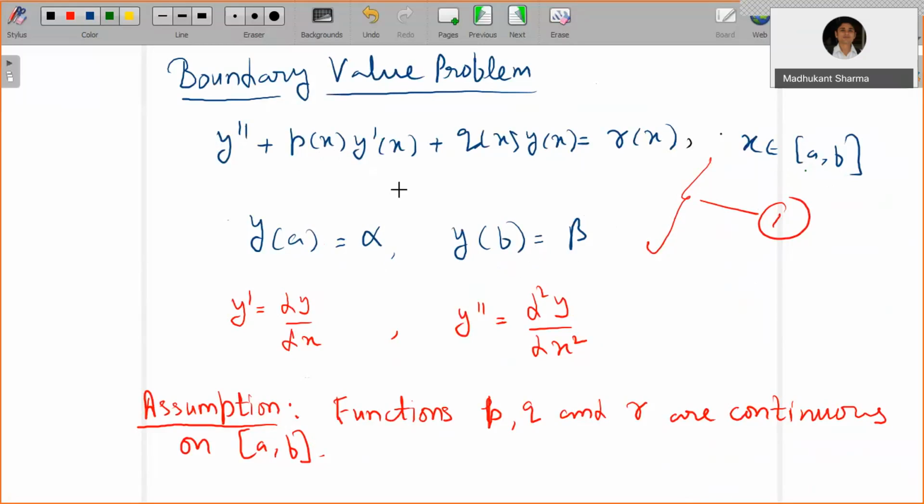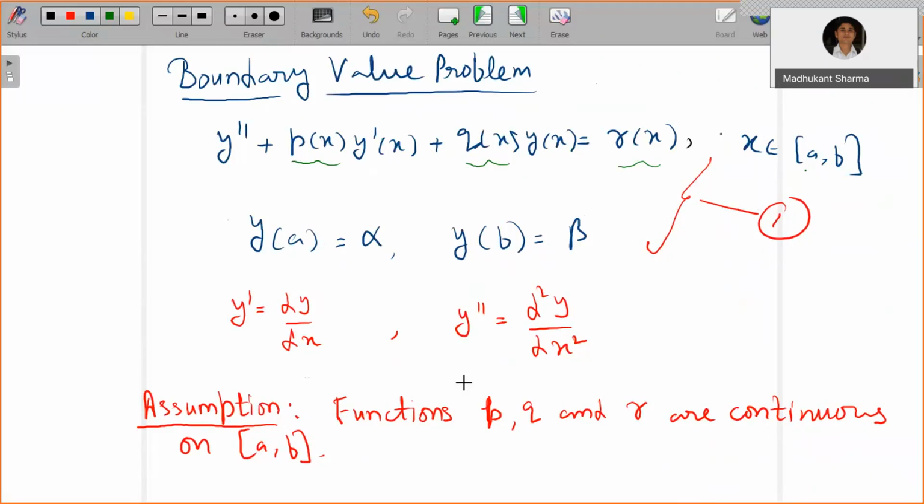Then we have further assumed that the coefficients p of x, q of x and the right side are continuous functions on the closed interval a b, which essentially guarantees that this equation has a unique solution. Due to this we have made this assumption.